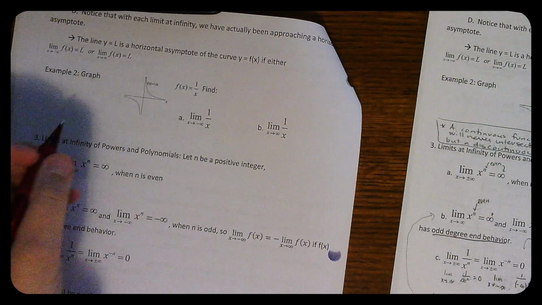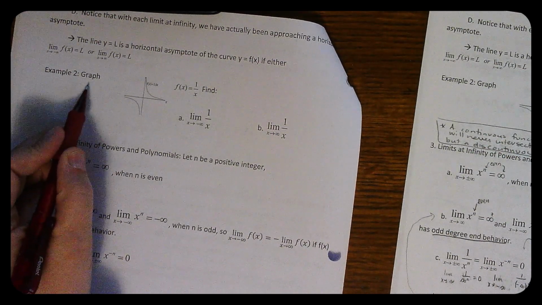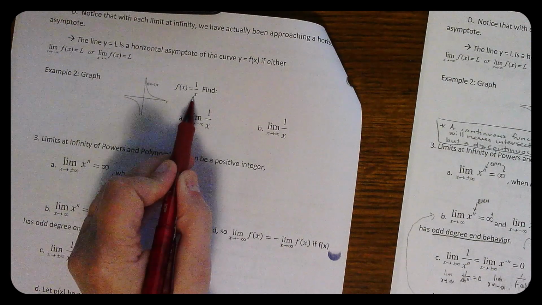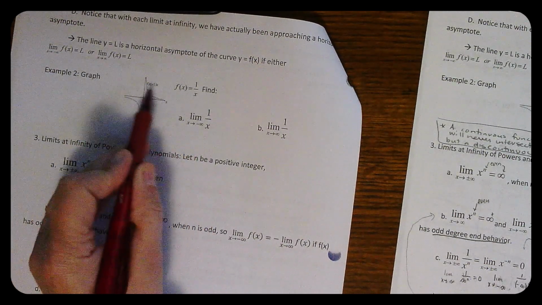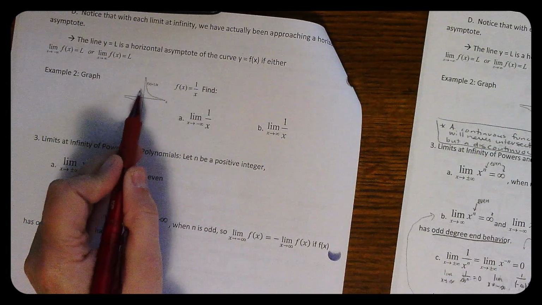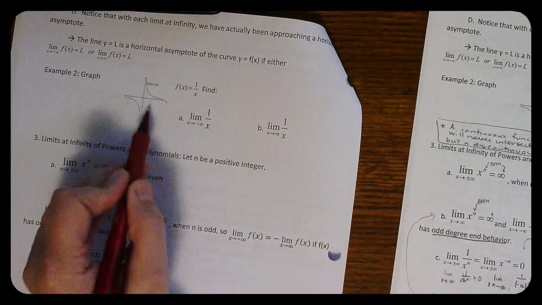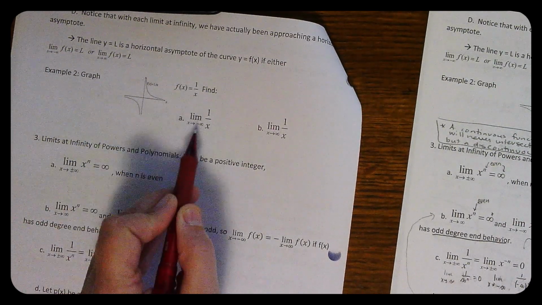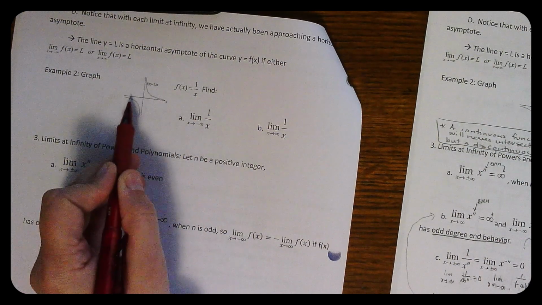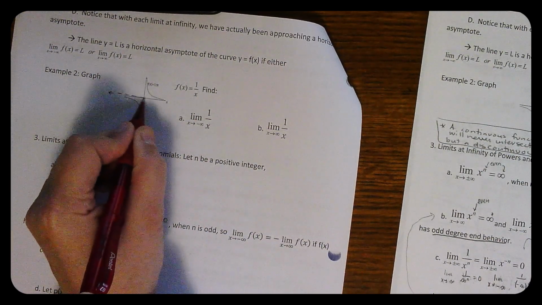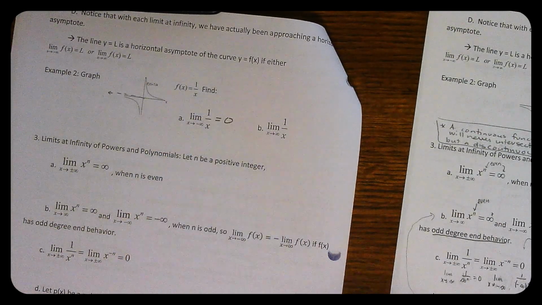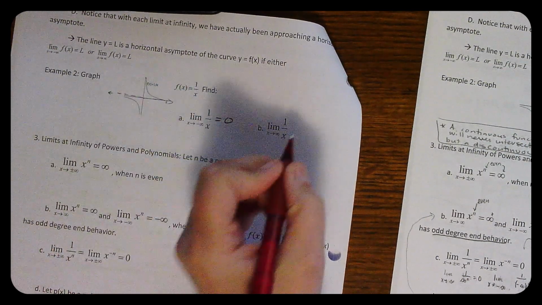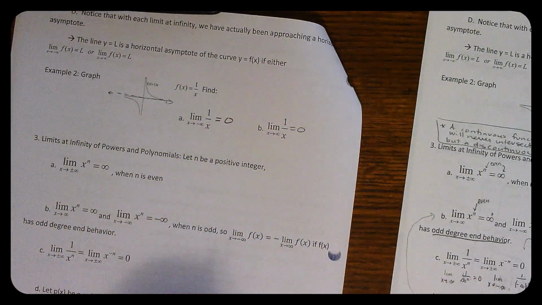Okay, so let's look at this example 2 here. We have this function. It's a very common rational function, a basic rational function, f of x equals 1 over x. So remember, this is a continuous function by definition because 0 is not in the domain. So this is continuous through the life of its domain. The limit of 1 over x as x approaches negative infinity is going to 0, and the limit of 1 over x as x approaches positive infinity is also equal to 0.